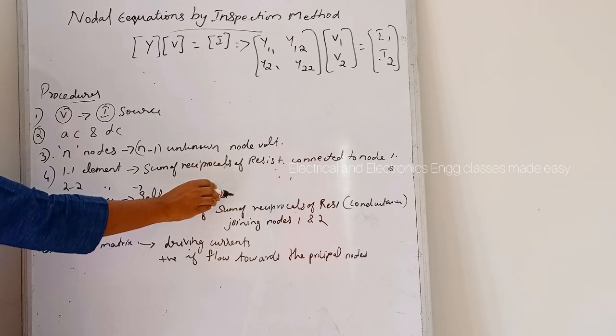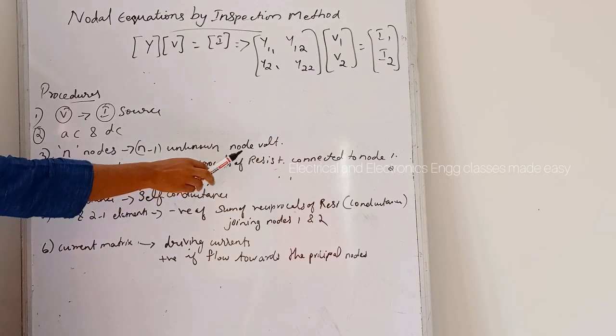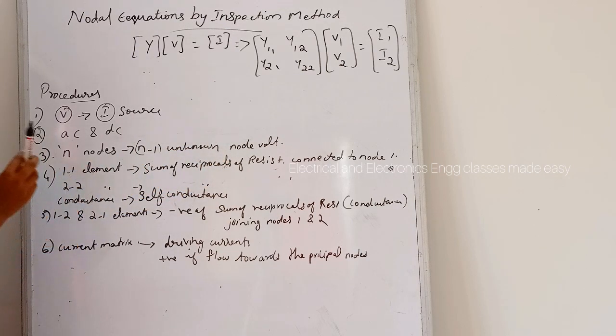The reciprocal of resistance is the conductance, and the 11 element and 22 element are called self conductances.